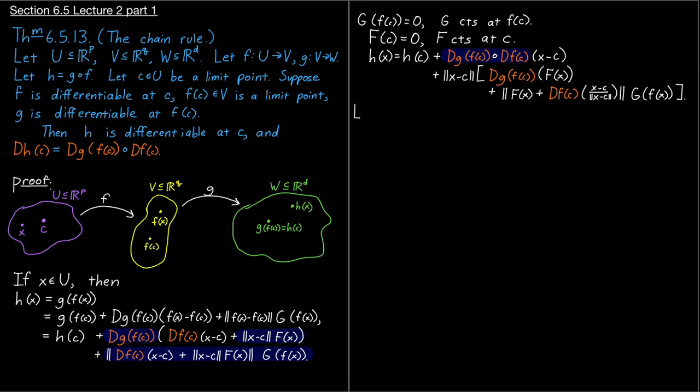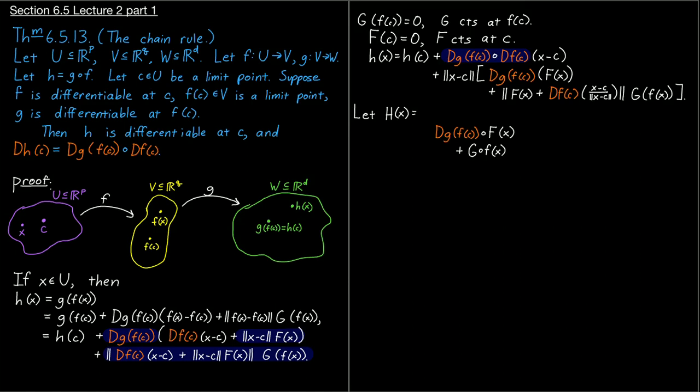Now let's let big H of x be all this leftover junk. Our dg of f of c evaluated at F of x, I'm going to write that as dg of f of c, the function, composed with the function capital F, and then all that evaluated at x. And then we have to add to that big G composed with f of x.